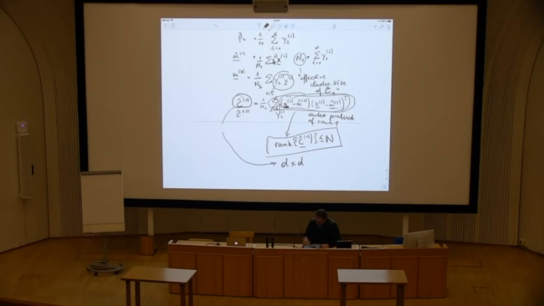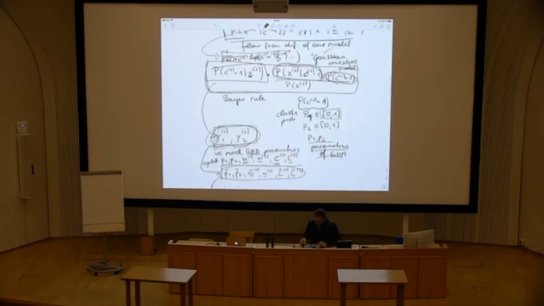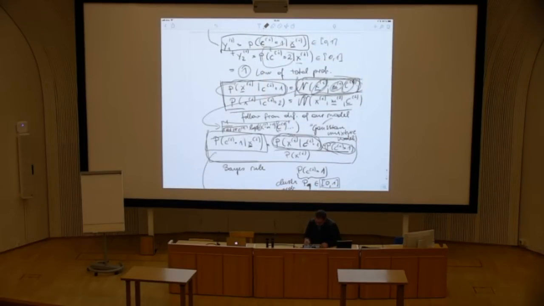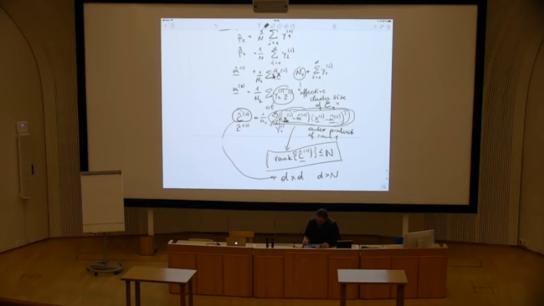And if this D would be larger than the sample size, then this matrix here would have a rank smaller than its size, and this means it's non-invertible. And if it's non-invertible, by the way, this whole modeling breaks down because this Gaussian distribution here is only defined for invertible covariance matrices. So whenever you have less data points than the length of your vectors, this whole thing doesn't work anymore, and you have to come up with something else.